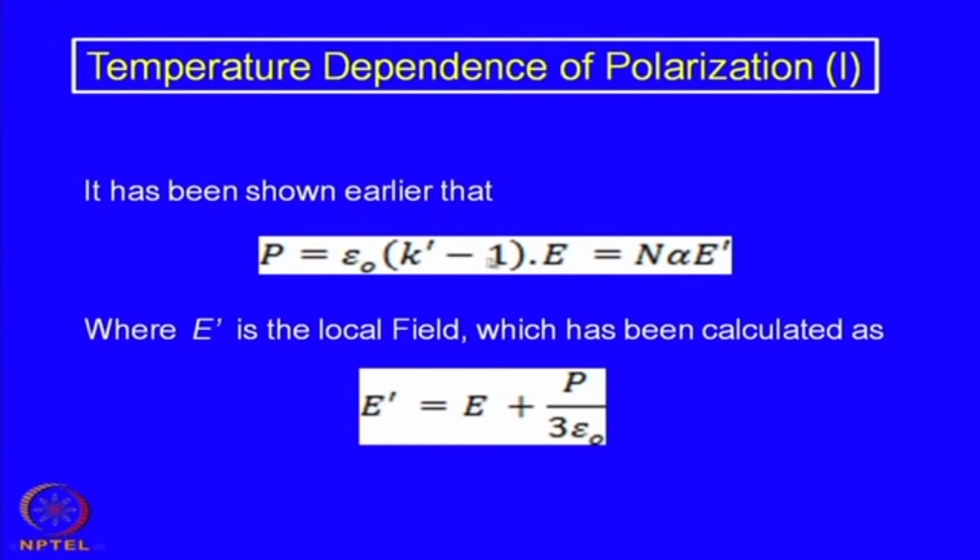The polarization is equal to epsilon naught (k prime minus 1) E, where E is the electric field, and that is also equal to n alpha E prime, where alpha is the polarizability and n is the number of dipoles per unit volume. E prime, as we introduced, is the local field, not the external field, but the local field experienced by the individual dipoles within the solid.